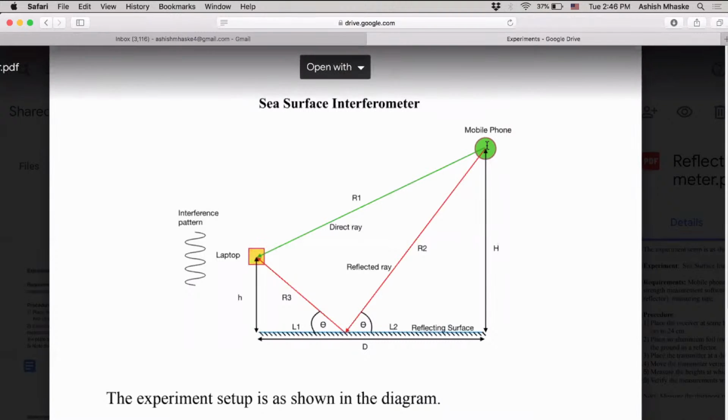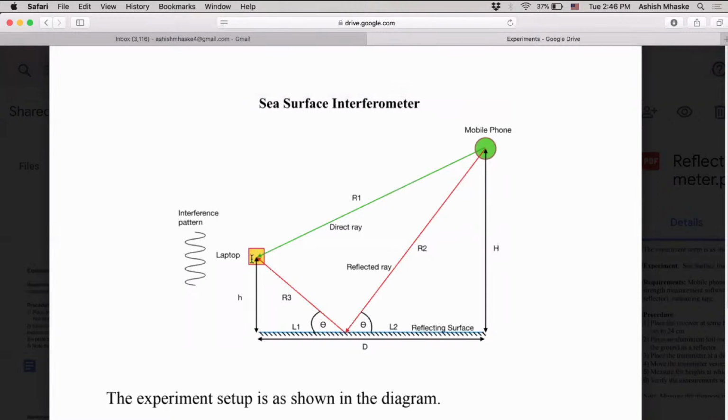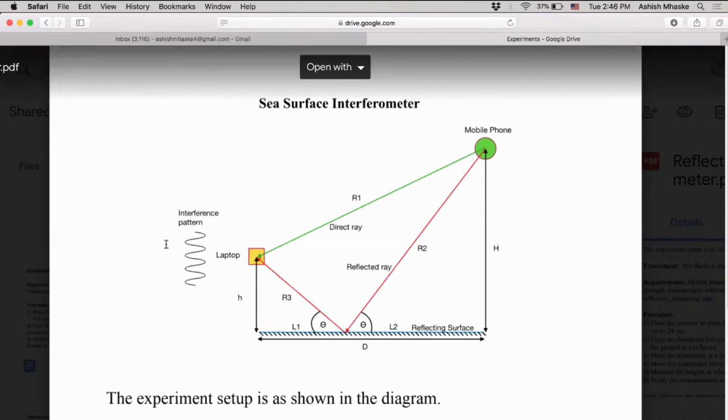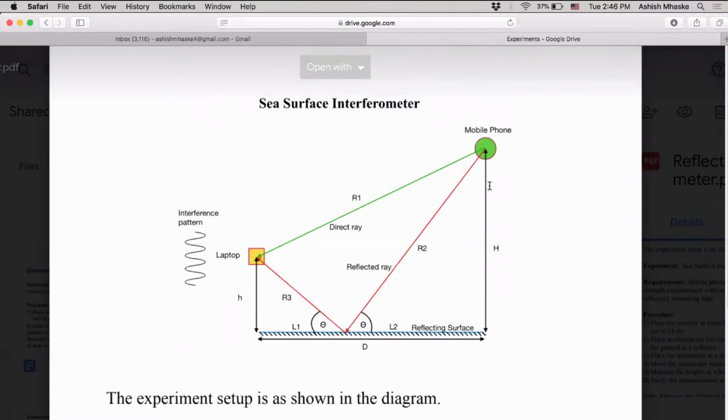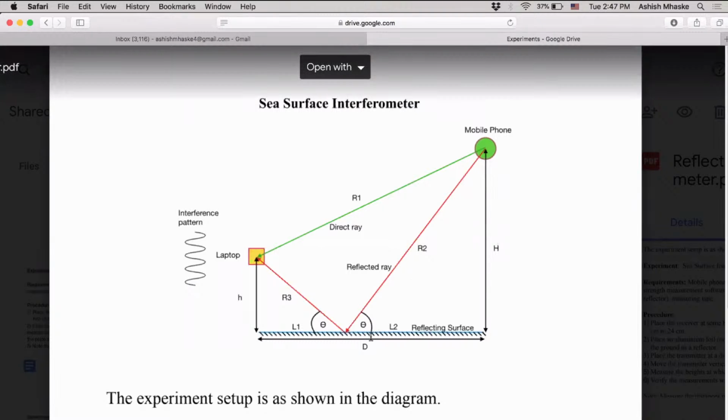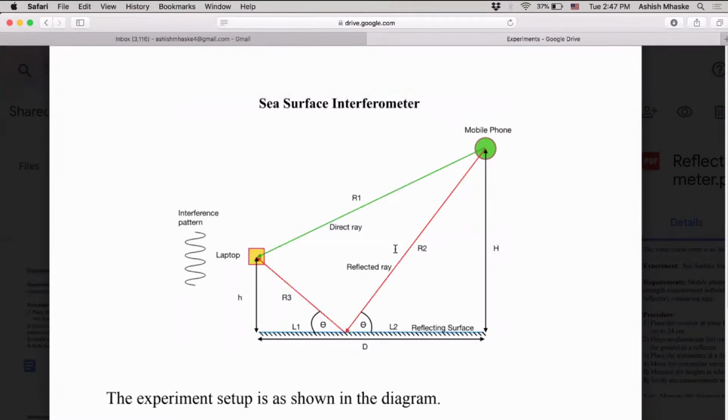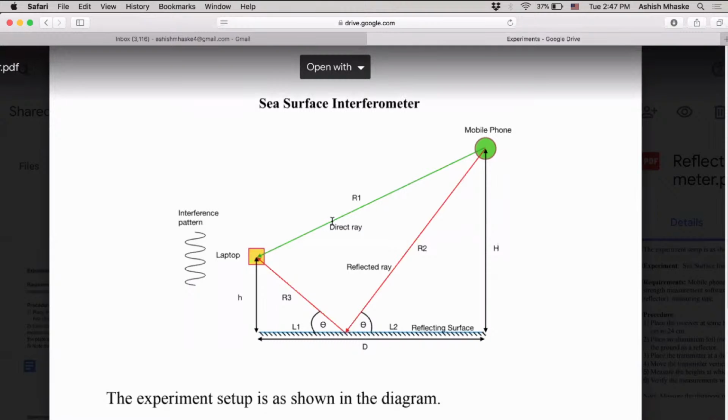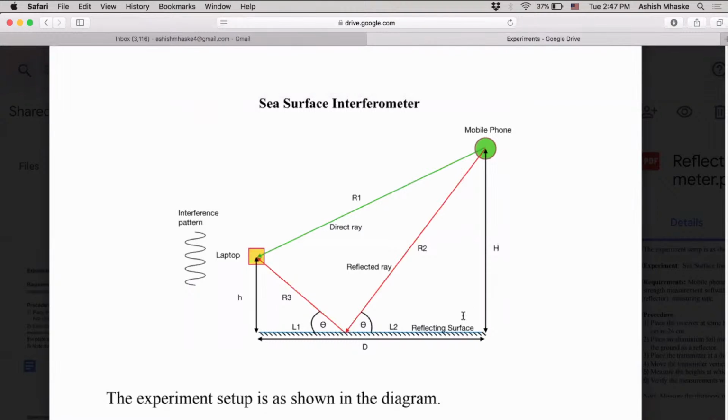Of course, one will be the direct path, the other will be the reflected path, and both these paths will interfere and give you an interference pattern as you change the height of this mobile phone. You have to note down the points at which you get maxima and minima. This is a simple ray diagram, and you can use simple geometry to calculate the path difference given these quantities, and verify that with your observation.